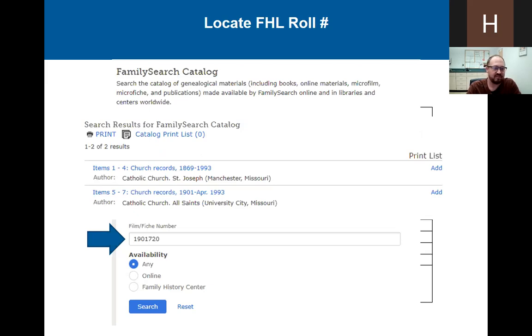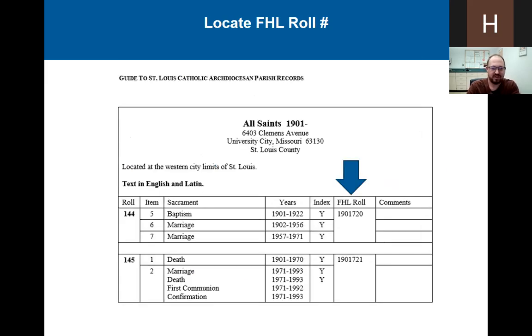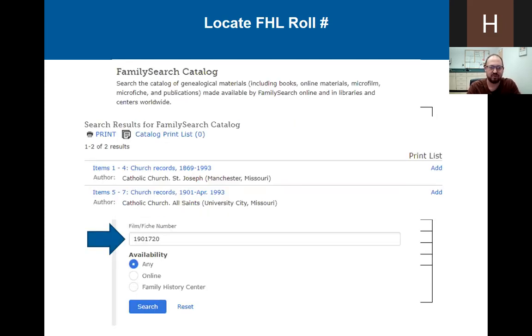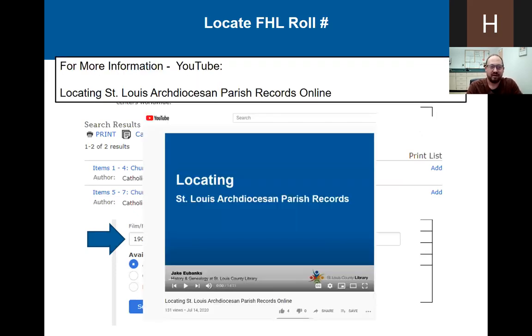We get our items, which you'll see back here. It shows the item number on the left-hand side, 567. If we want the baptisms, we would go to item number 567 there. If you want to learn more about searching St. Louis Archdiocesan records, we've got a great tutorial up on the website. It'll take you through the whole thing. They are all online through FamilySearch.